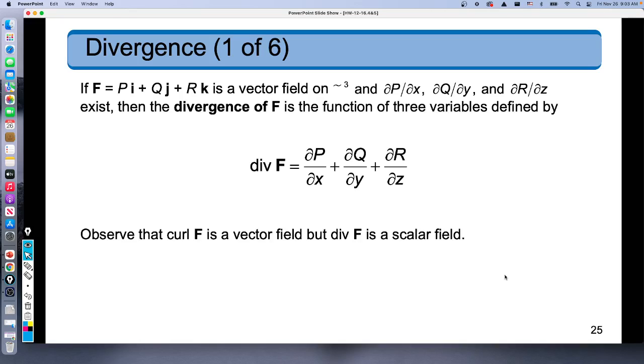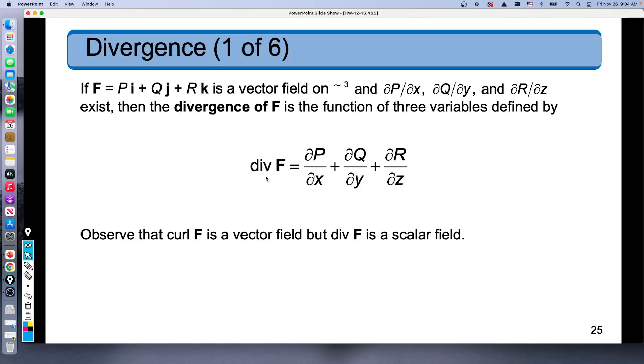Okay, so we're just going to define we've got some vector field, some function times i, j, and k, and that the partials all exist: partial of x, partial of y, partial of z. Then we define that the divergence of f is simply the partial derivatives added together.